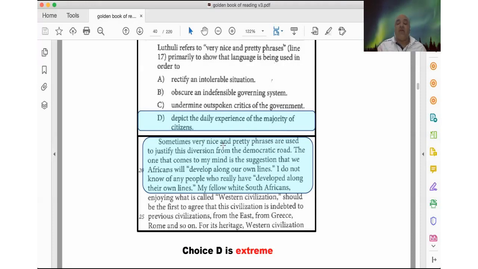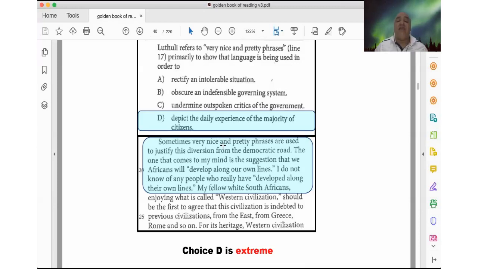They are using those words to show a diversion from the democratic road to the non-democratic road. So when he talks, he refers to the British invaders. And as everybody knows, British invaders in South Africa, as the passage tells, were a minority and were not a majority.